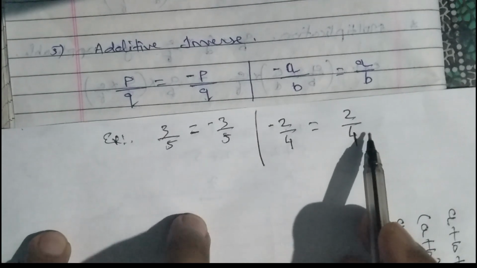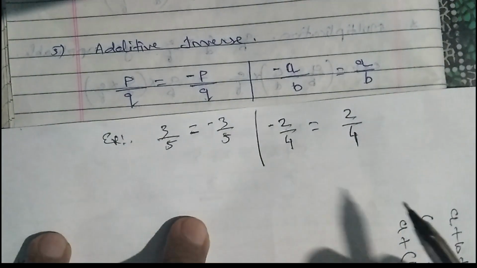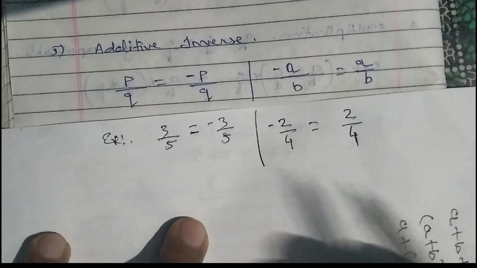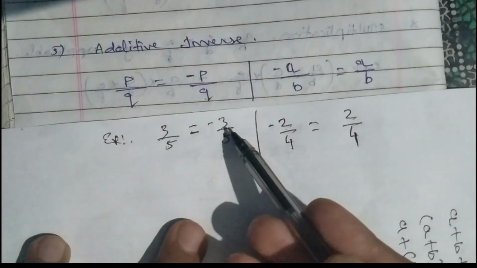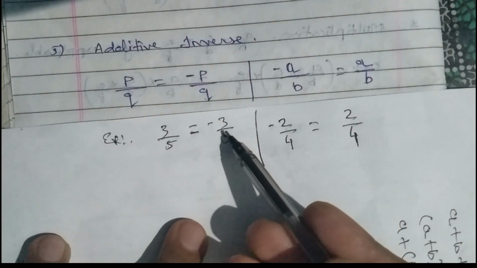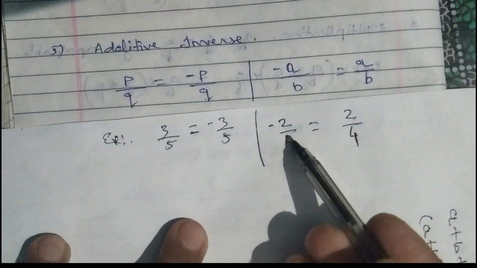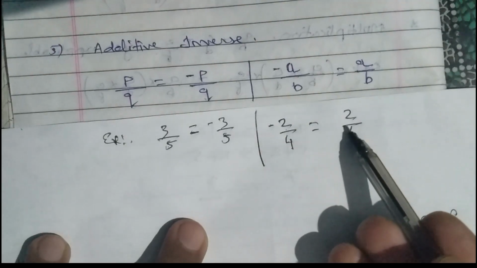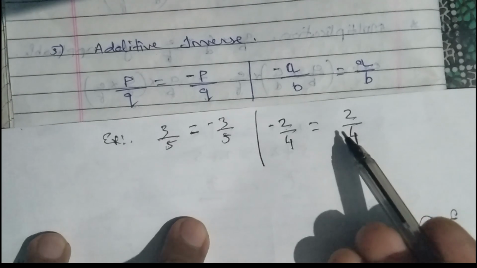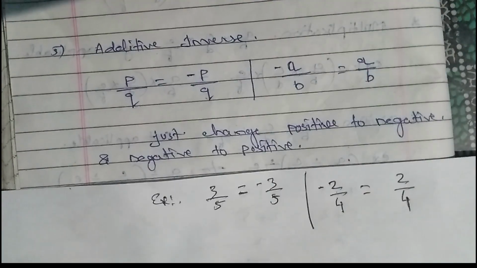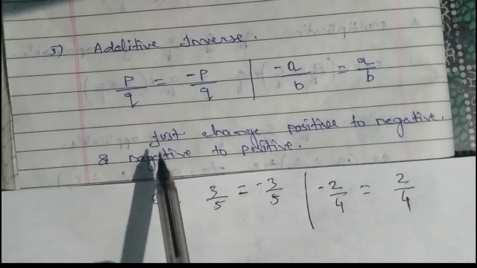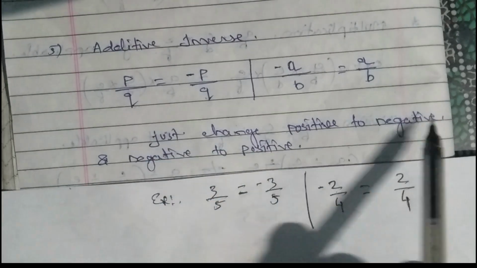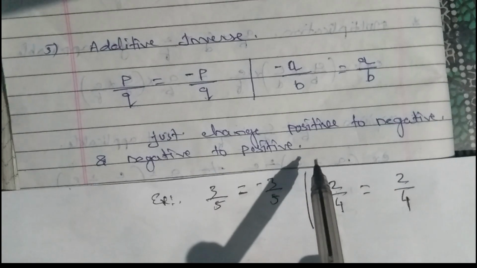So as I said, the opposite to a positive number is a negative, and the opposite to a negative number is positive. In other simple words, the additive inverse is just changing the positive to negative and negative to positive.